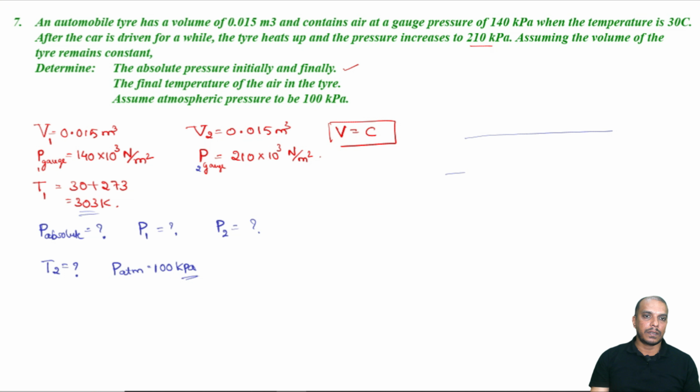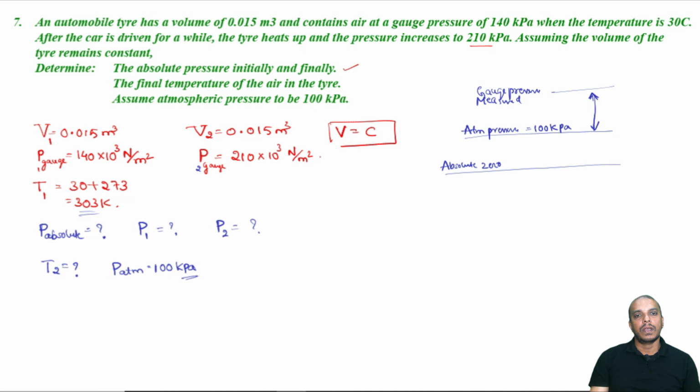Remember, there is absolute zero pressure, and there is atmospheric pressure. According to this problem, it is 100 kilopascal, and the measured pressure, that is gauge pressure, is from above this 100 kilopascal. So atmospheric pressure is considered as reference, and then the value is measured. This we call gauge pressure.